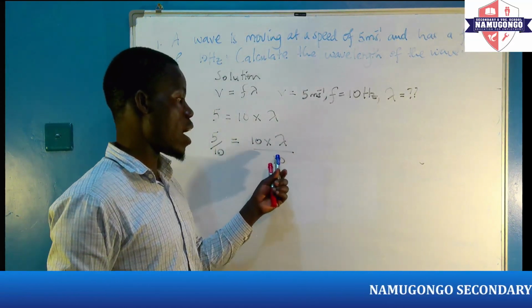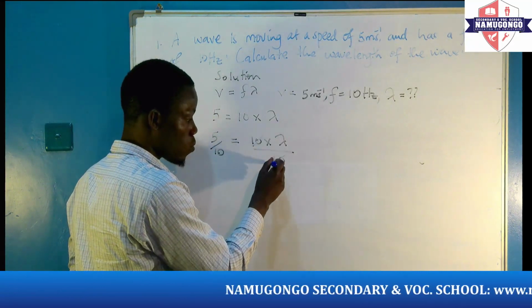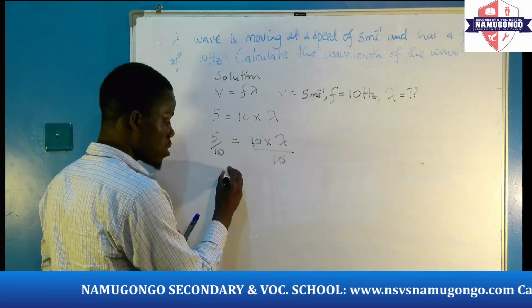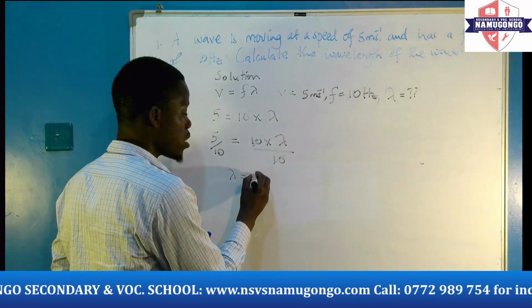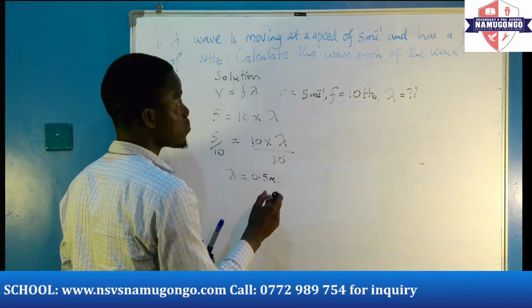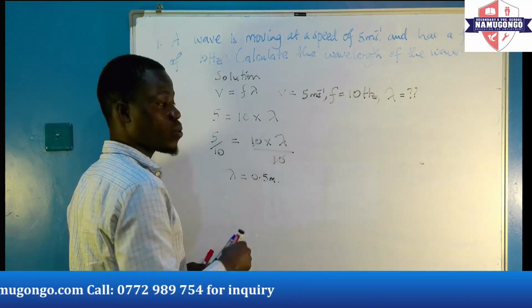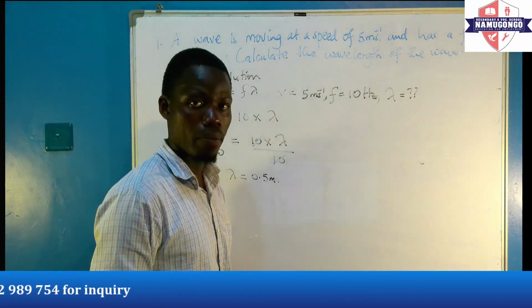So 10 here and 10 here will cancel. You can use the blue to show you what has cancelled. And we shall end up having that lambda is equal to 5 divided by 10, we get 0.5 meters. So this is how you can attempt a question if it came in that order.